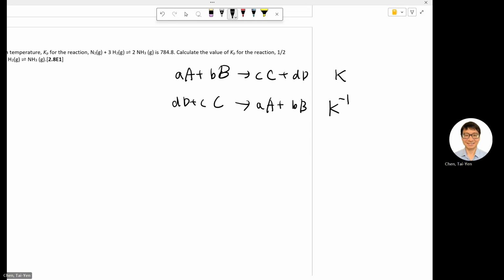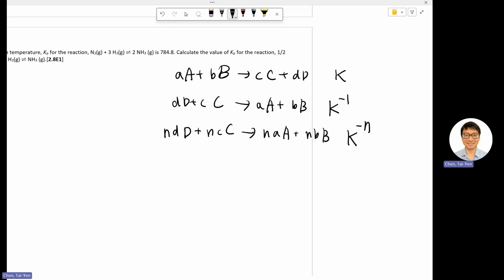Okay. The third one is if you multiply a coefficient to your equation. For example, if you do ndD plus ncC, giving you naA plus nbB, then here it will be K to the nth power, right? You need to multiply the coefficient into your exponent.